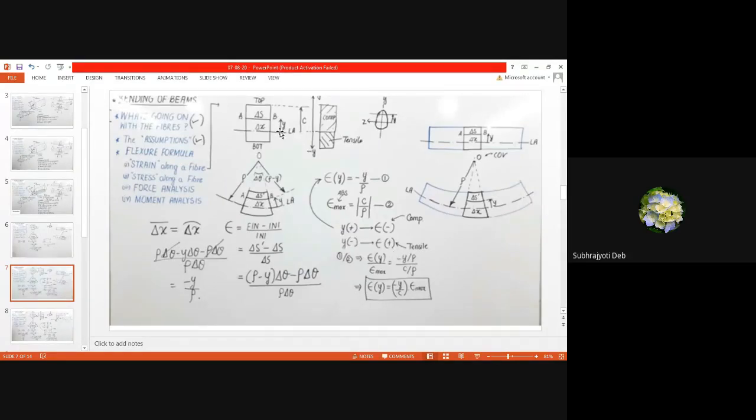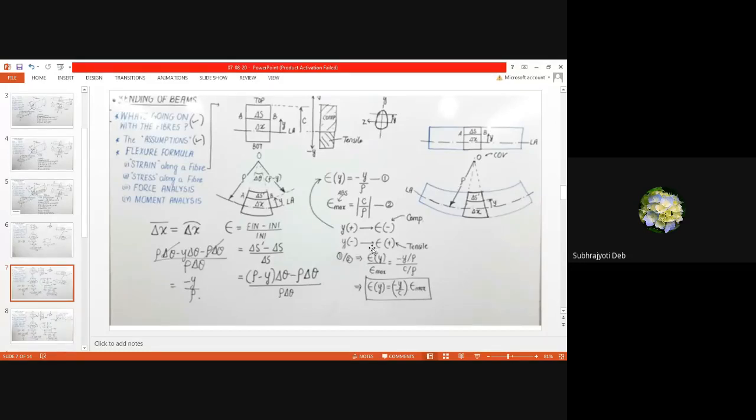Y negative means you are going downward. Y positive we are taking from this axis, so positive means we are going upward, and negative means we are going downward. So in the downward direction, it is tension. Same thing: in the formula, if you put y as negative, you'll get strain positive. That means it is tensile.